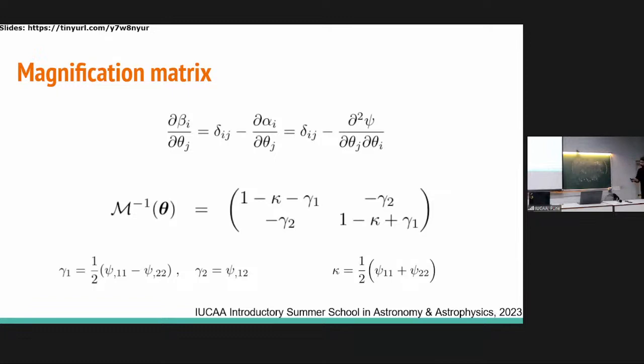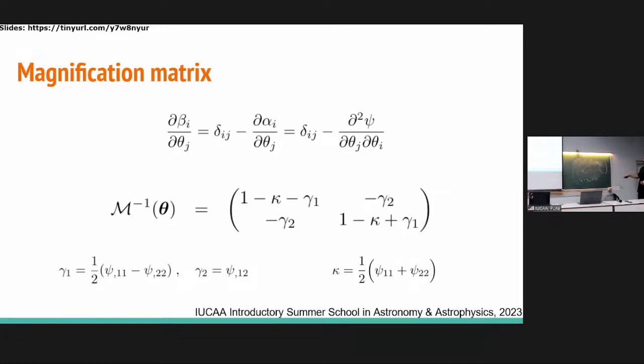So I can try to substitute psi_11 and psi_22 in terms of kappa. 2 times kappa is psi_11 plus psi_22, and so I can use kappa to get rid of psi_11 and psi_22. Once I do that, there will be another psi_22 which will enter in the first term.